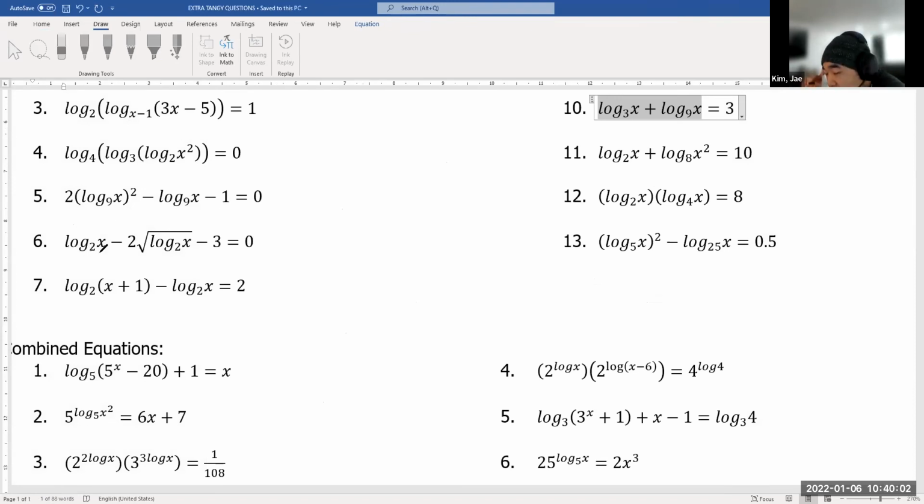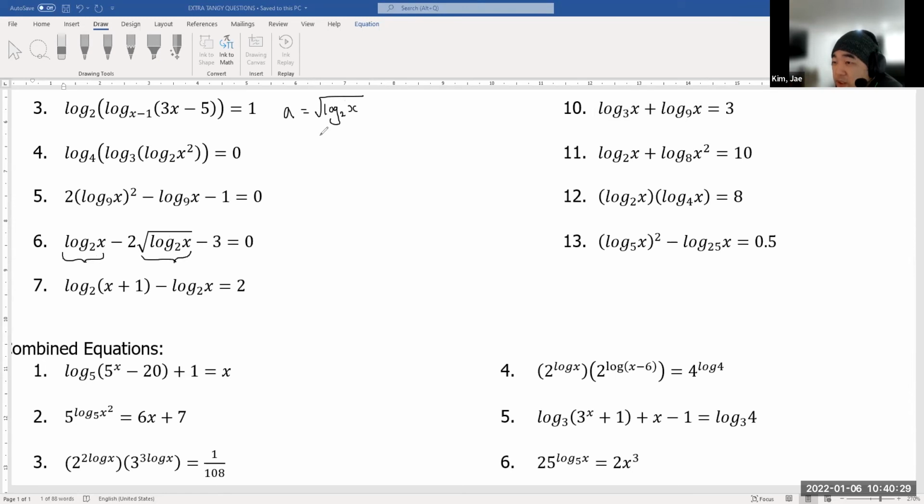In my head it makes sense, but since you are requesting this from me, I am going to do it in a more simplistic form of substitution. I'm going to let a equal the square root of log x.